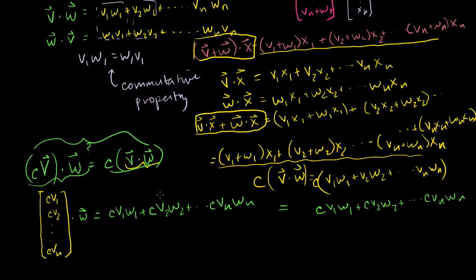And it only took me a little while. They just wanted me to write that down. They didn't want something earth-shattering. They just wanted me to show, going component by component, and all you have to do is assume the distributive or the associative or the commutative property of regular numbers, that you could prove the same properties also apply in a very similar way to vectors and the dot product.